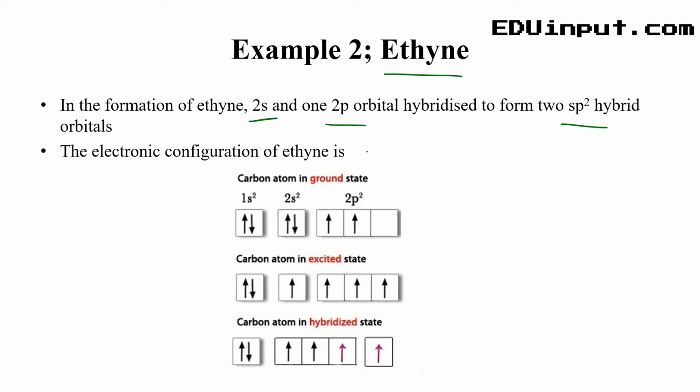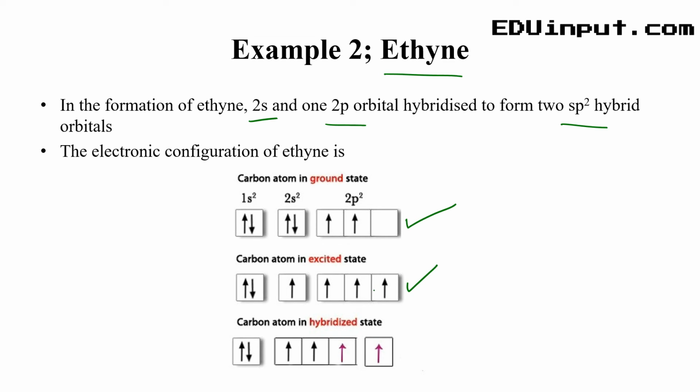To understand this phenomenon, let us take the example of carbon atom electronic configuration at ground state, where we can see there are only two half-filled orbitals, and at the excited state of electronic configuration of carbon atom we have four valence electrons, and these are the four orbitals.